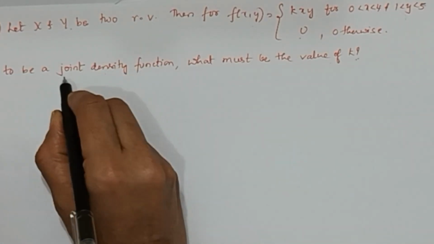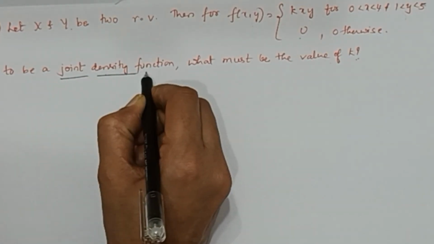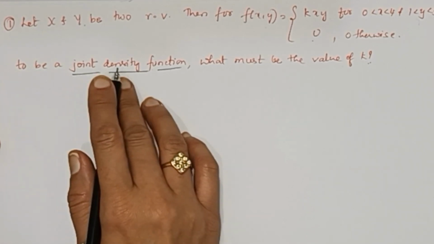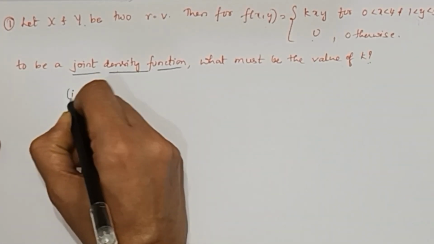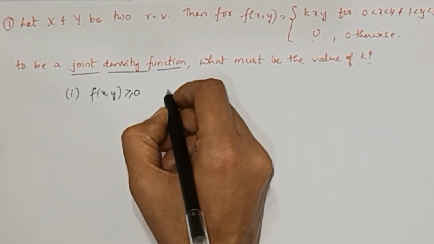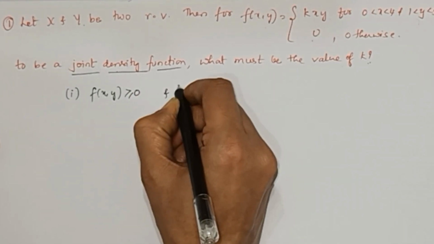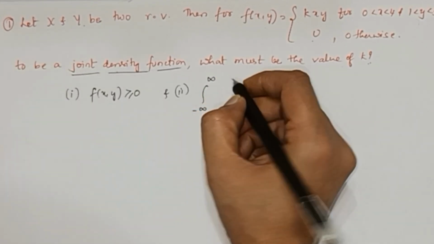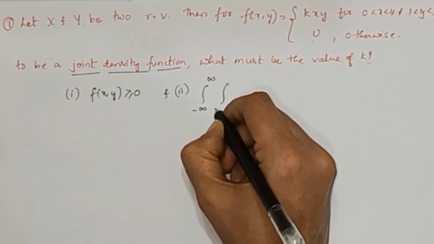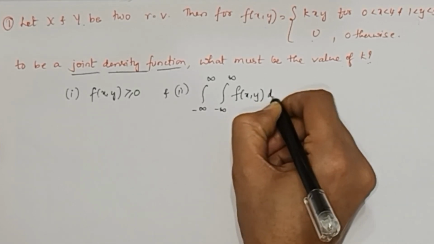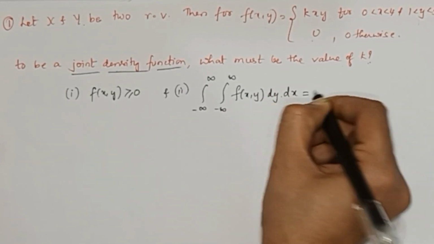So here they had given you it is a joint density function. To say any function is a joint density function, the conditions to be satisfied are: f of x comma y must be greater than or equal to 0, and the second condition is the integral from minus infinity to infinity, minus infinity to infinity, f of x comma y dy into dx must be equal to 1.